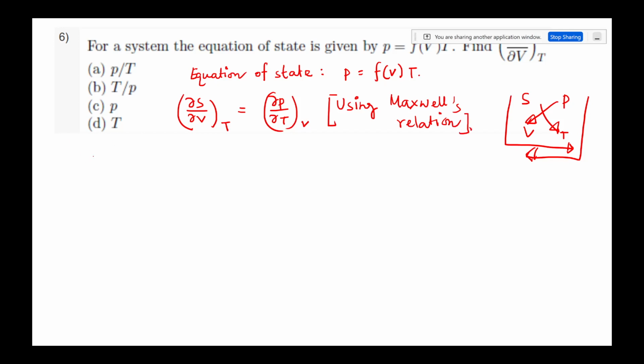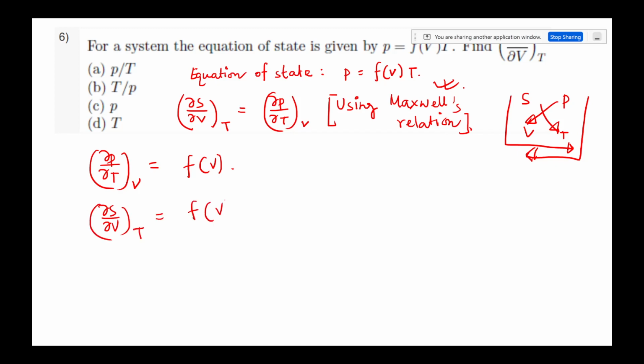Now P is given in terms of this. Then what is del P del T at constant V? It will be f of v. Now what is f of v? F of v is P by T. So option E is the correct option. Okay. So using Maxwell relation is sometimes handy.